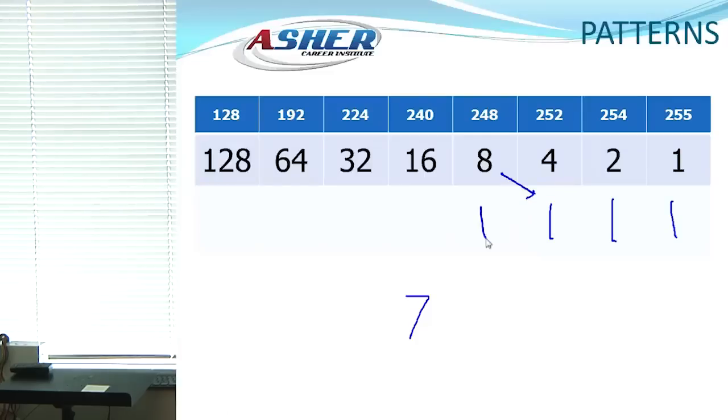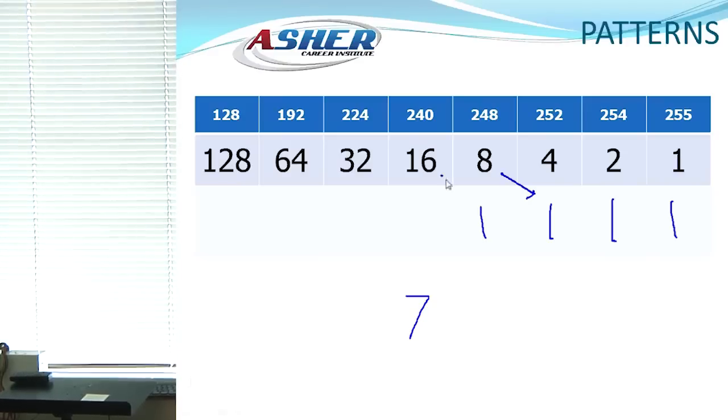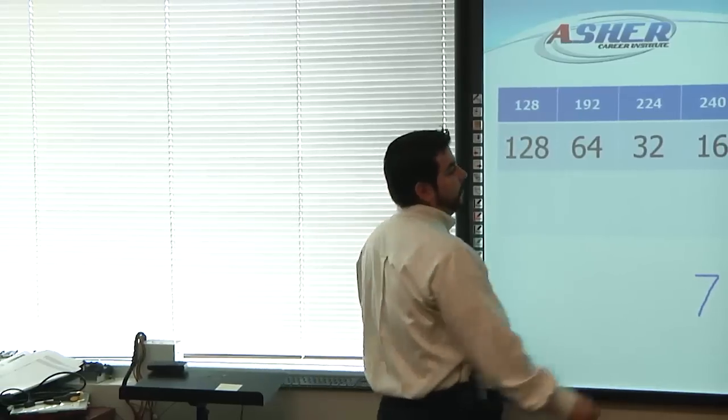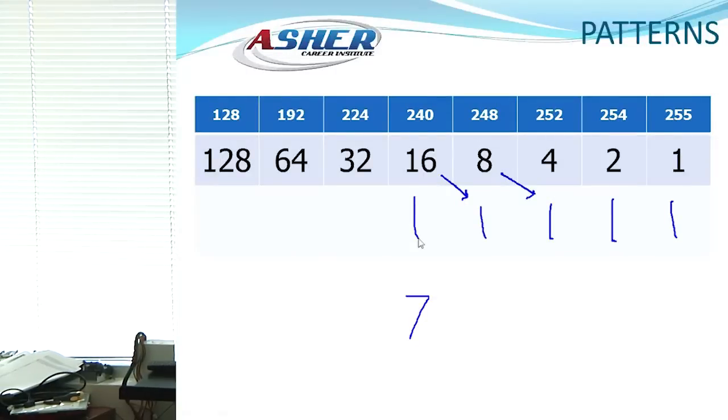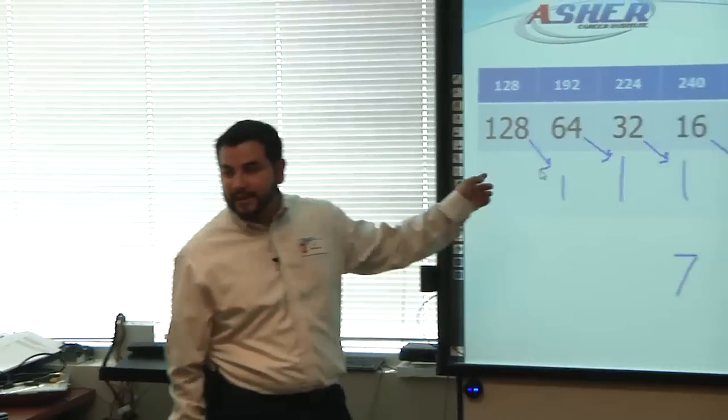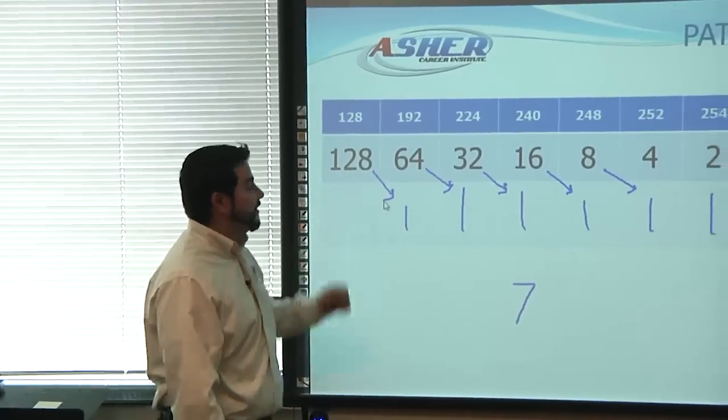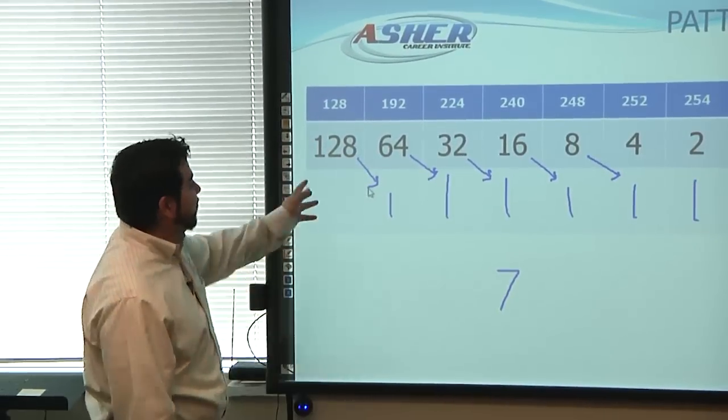So what do you think this number is? 15. 1 less than 16 is 15. What do you think this number is? 31. And this number? And then this number? 127. That's when you realized it, right? When you had 127, it was everything except for 128. Okay, so there's a pattern there.